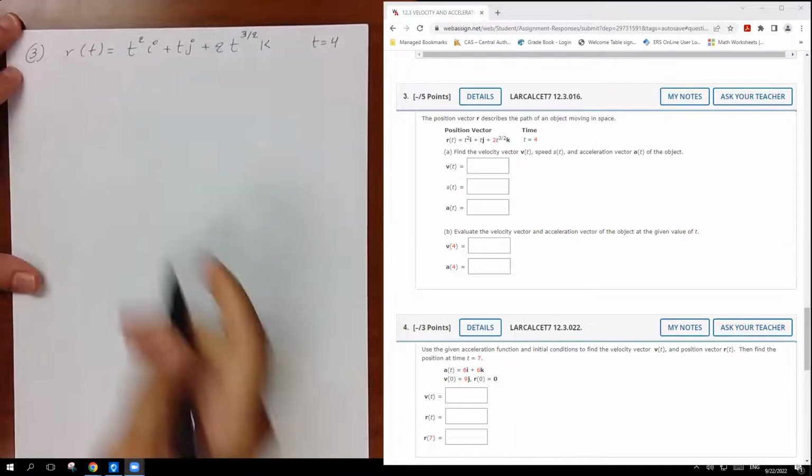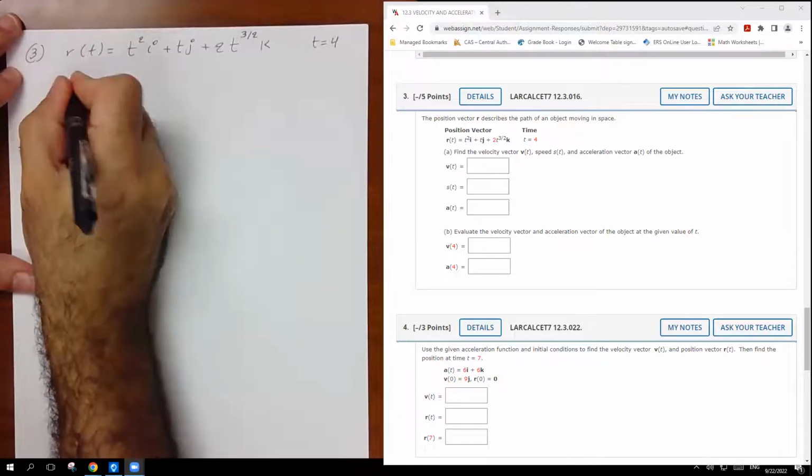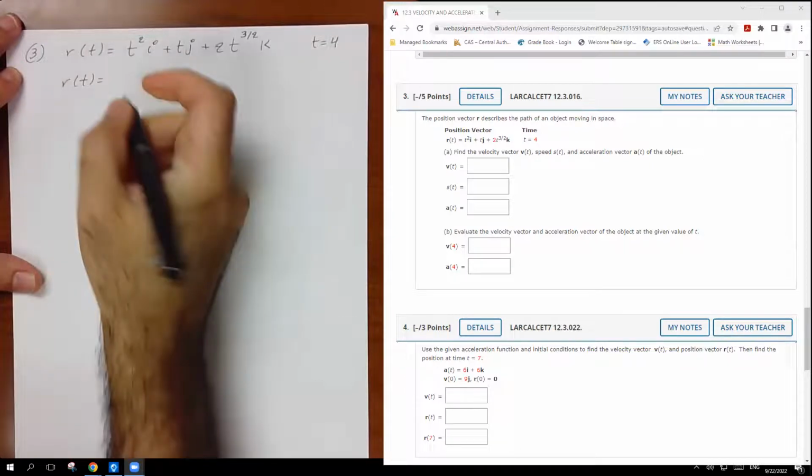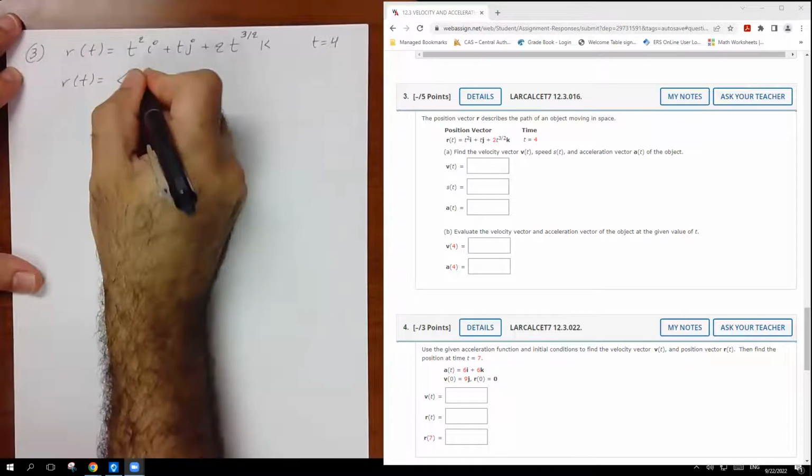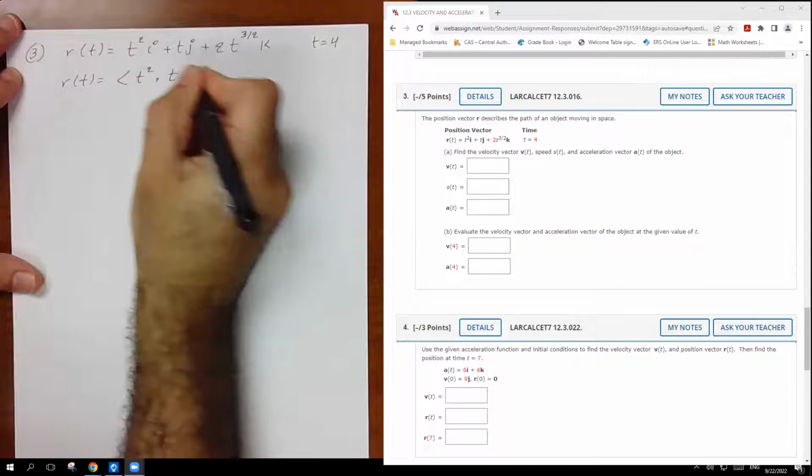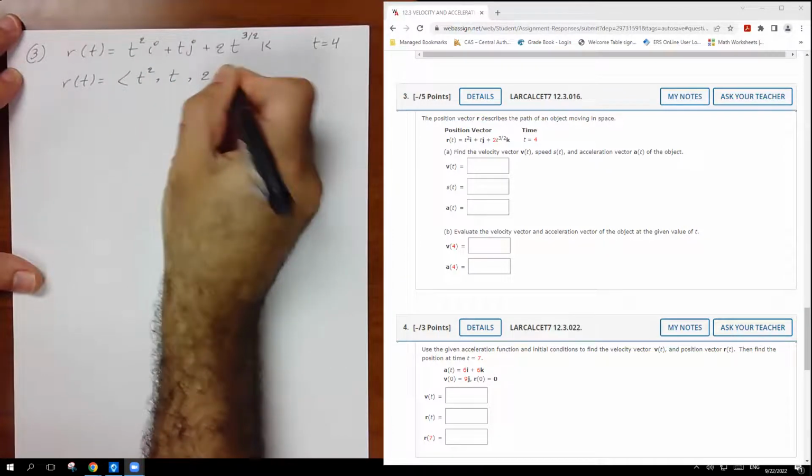So I'm going to convert the position vector to component form: t squared, t, and 2t to the 3 over 2.